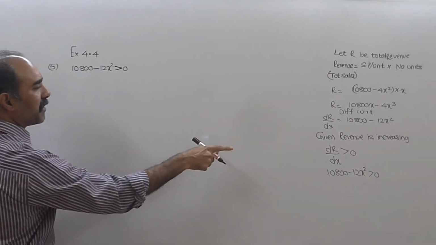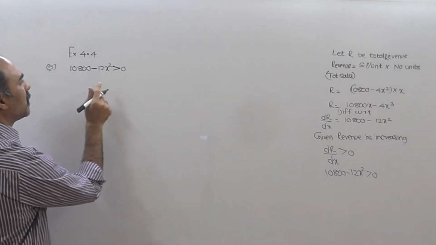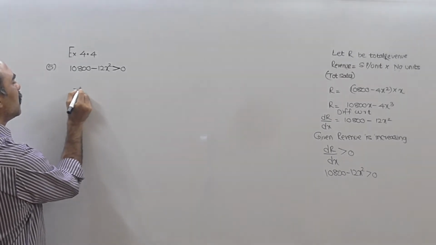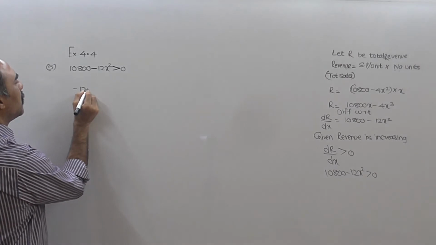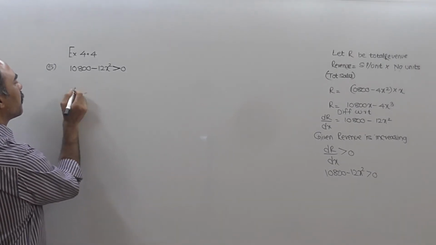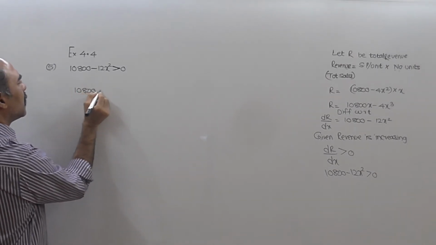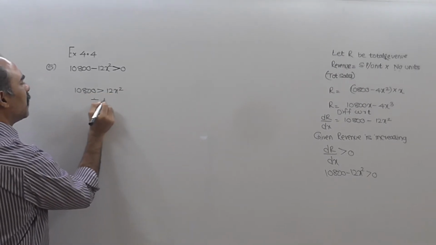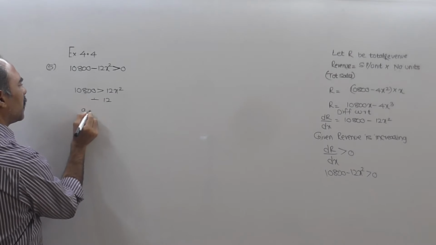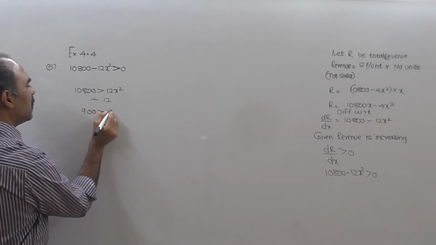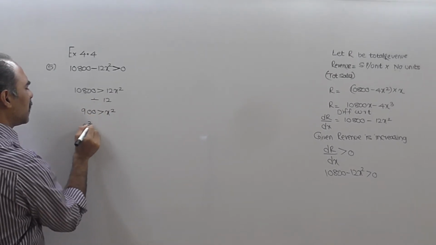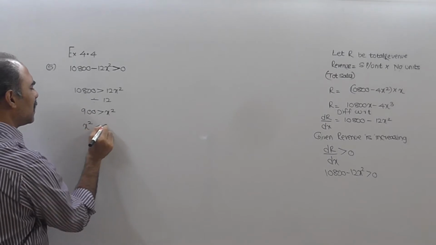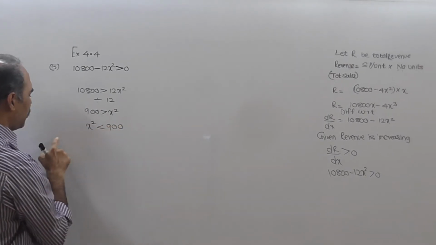So 10,800 is greater than 12x square. Divide both the sides by 12. So you get 900 is greater than x square, which means x square is less than 900.